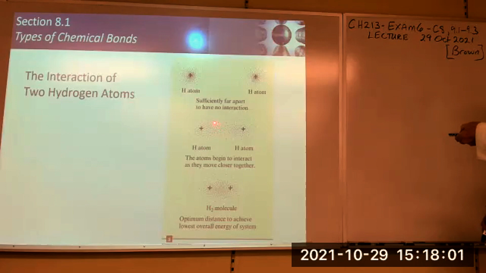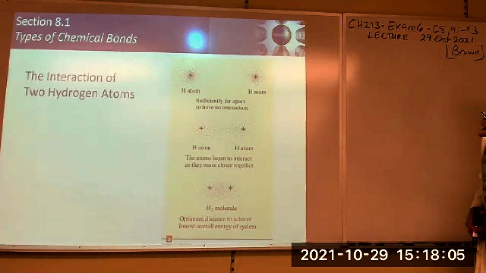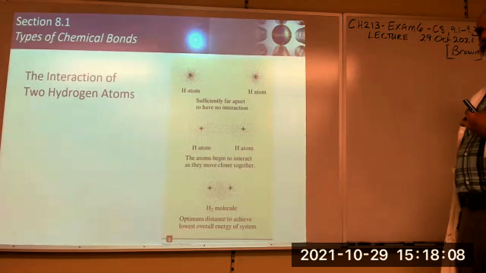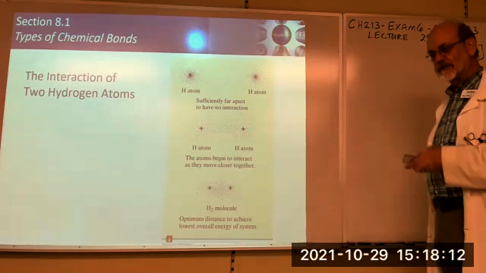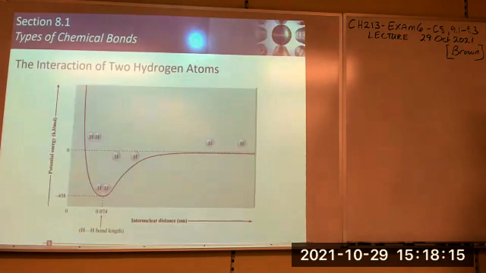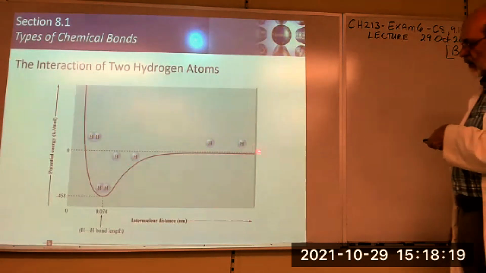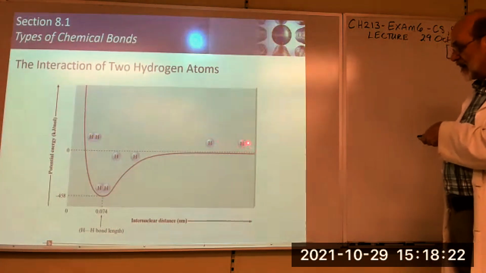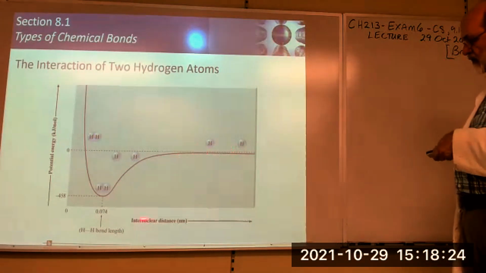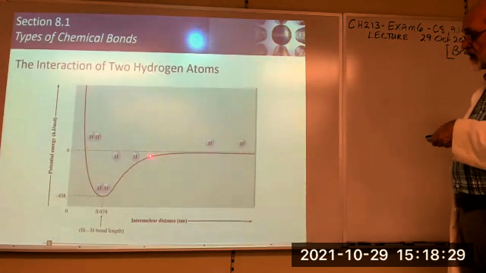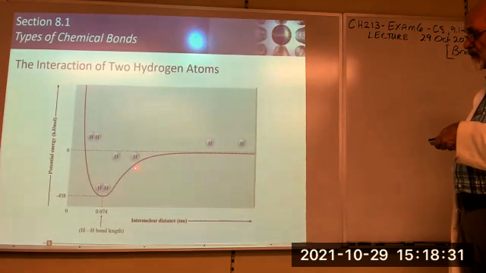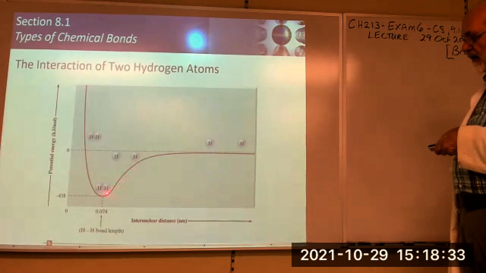Now, a hydrogen atom doesn't have, these are not all electrons. These dots represent a scatter plot for possible locations of the electrons. Here's another way of representing it. If we go from right to left, we start from over here, we've got the separate atoms, and as they get closer and closer and closer, this is the distance between the nuclei, the energy starts to drop. Potential energy for the system starts to drop.